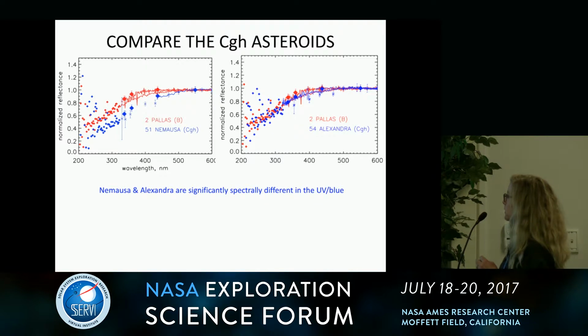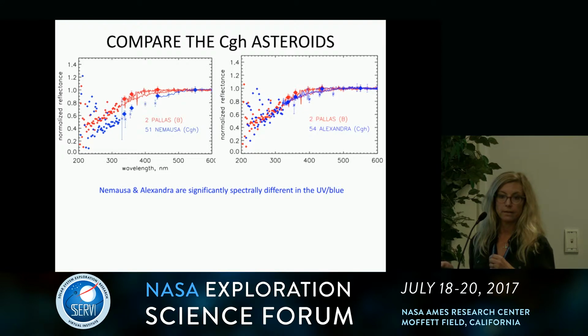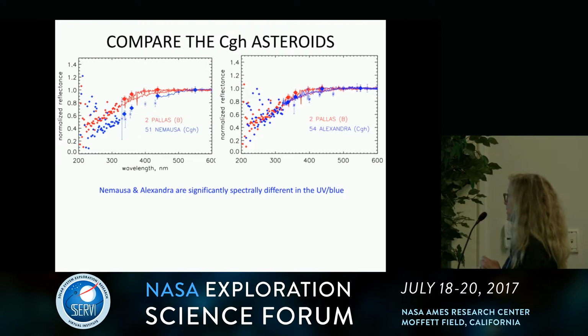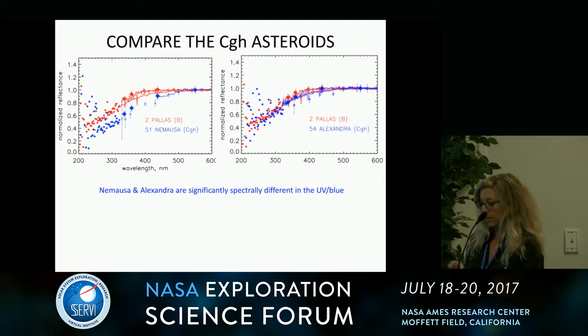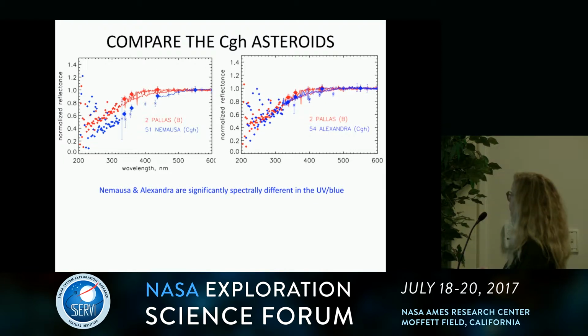Alexandra and Nemausa are both considered CGH, and they're definitely different, which is really interesting. Alexandra looks a lot like Pallas, but Nemausa is definitely different and seems to absorb at a longer wavelength than Pallas does. So again, differences even among a taxonomic subclass, telling us that we might want to revisit that.